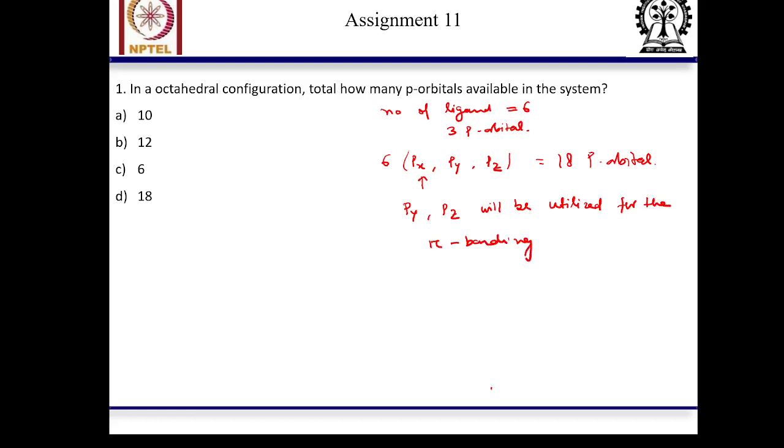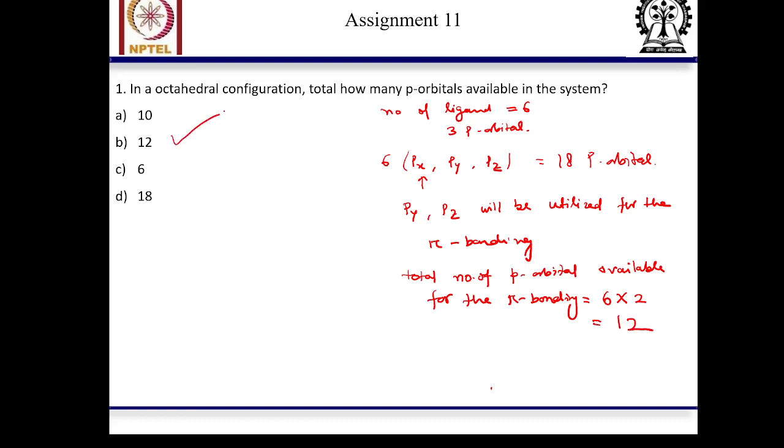So the total number of p orbitals available for pi bonding is 6 multiplied by 2, since py and pz are available for pi bonding, so that is 12. So the correct answer is 12.